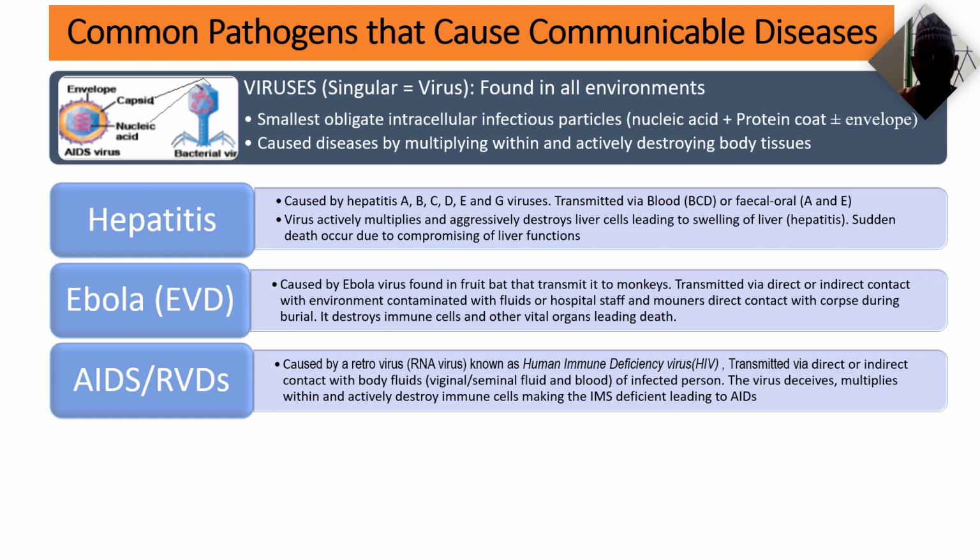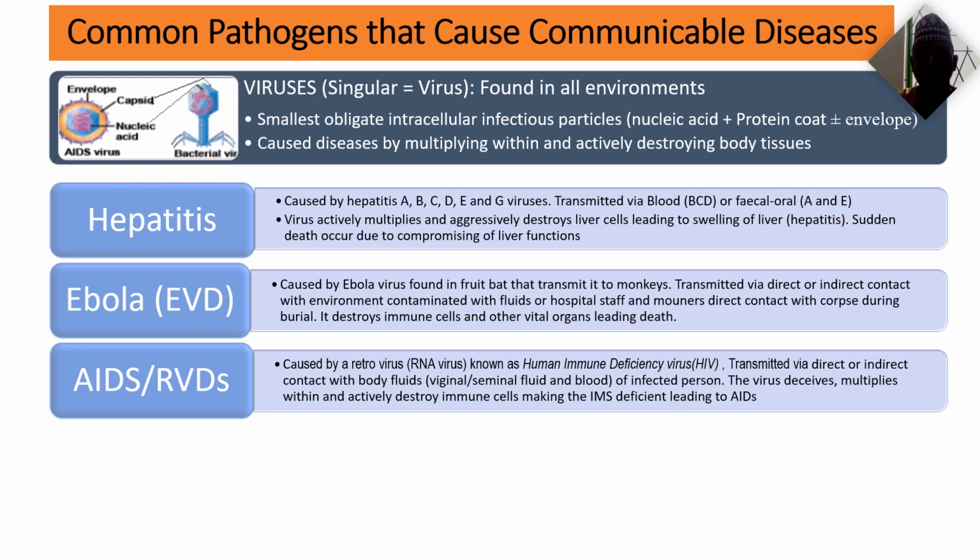So once in the body, the virus deceives the immune system, and it multiplies within the immune cells and actively destroys the immune cells, thereby weakening the immune system of the body, making the immune system deficient or incapable of fighting diseases, as a result of which many diseases which could have been prevented by the immune system will now accumulate in the body and exert multiple effects, which is called the multiple effect or syndrome.